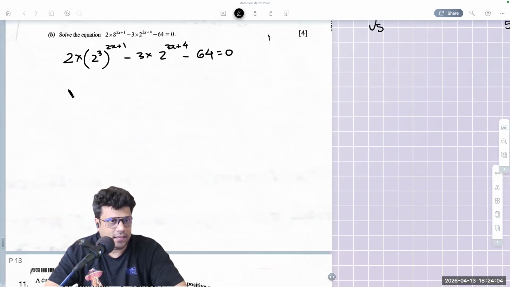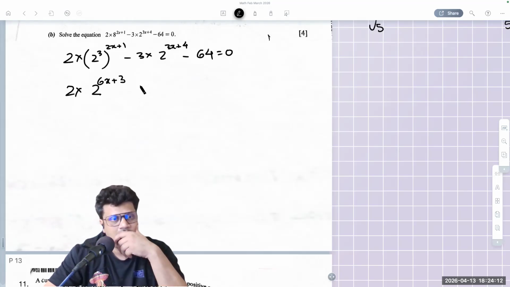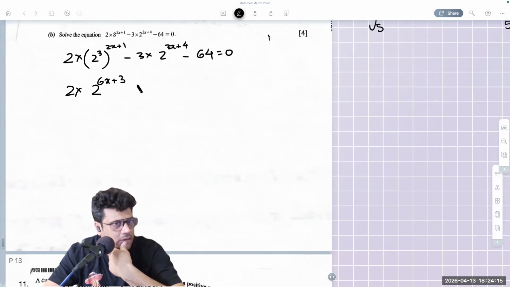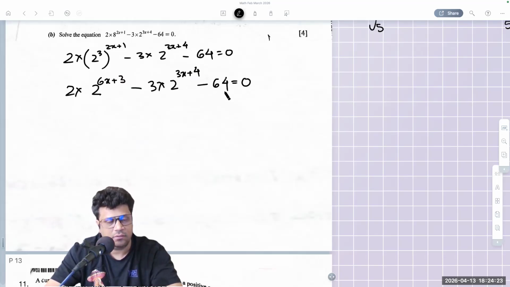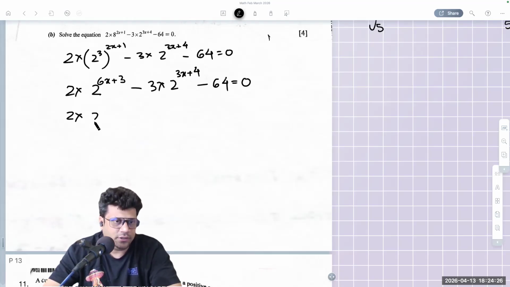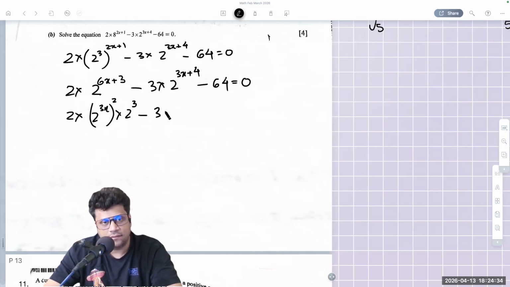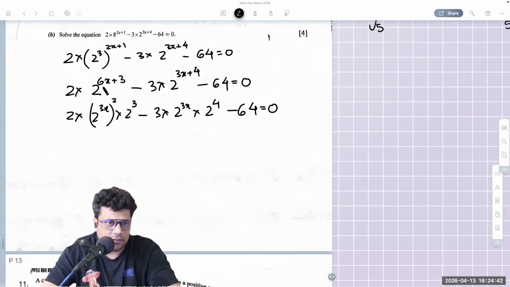So that's basically 2 into 2 to the power of 6x plus 3 minus 3 into 2 to the power of 3x plus 4 minus 64 is 0. That's 2 into 2 to the power of 3x to the power of 2 into 2 to the power of 3 minus 3 into 2 to the power of 3x into 2 to the power of 4 minus 64 is 0.